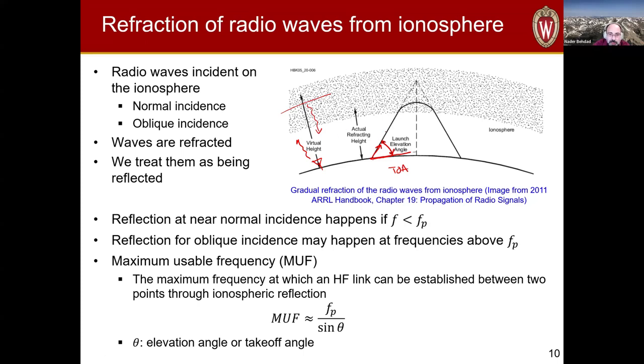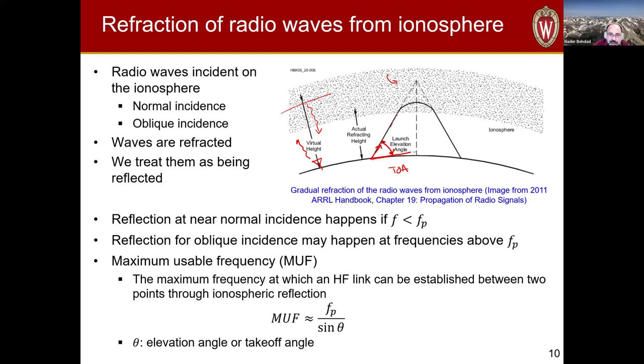So as you are launching this wave, when the wave gets into the ionosphere, a number of interesting things happen. Number one, because this is a magnetically biased plasma, as your wave enters the ionosphere, it separates into two modes. We call these modes the ordinary and the extraordinary modes, and they travel over different paths.